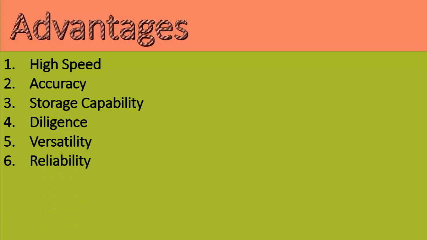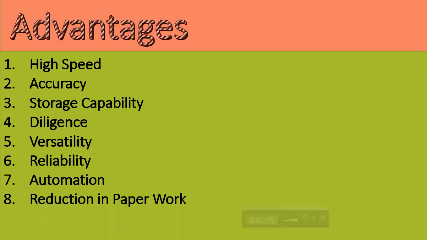The next is reliability, and the next is automation, and the next is reduction in paperwork, and the next is reduction in cost. Let's explain all of them one by one.